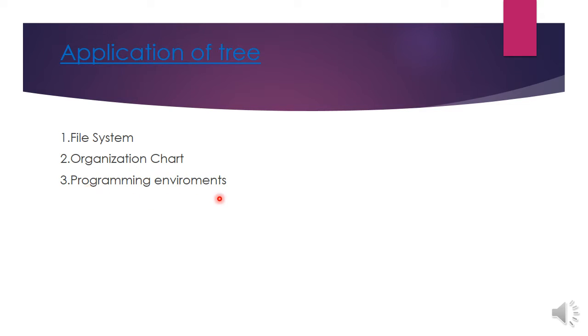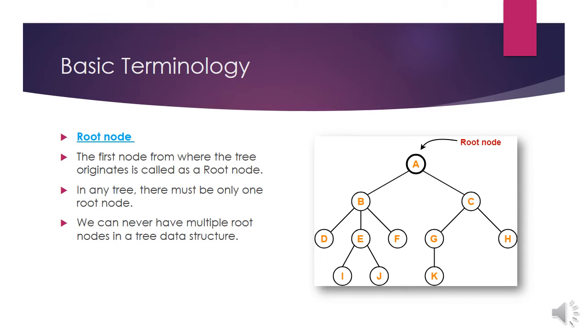Programming environment: in our daily lives we do coding in different languages like C, C++, Java, Python. You have seen that in Java there are many library classes, and those library classes are arranged in a hierarchical form, so they use the concept of tree.